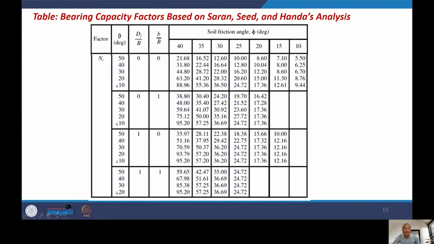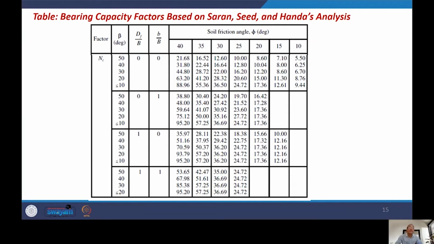Accordingly, whatever factor NC you have, according to this beta angle, you can determine the soil friction angle phi, which is in degrees. Here you have 40, 35. These numbers are friction angles phi, ranging from 30 to 40 degrees. This way, you can find the value of NC from this table.